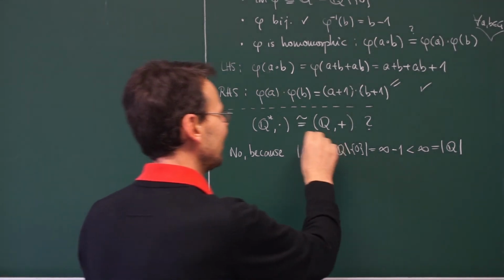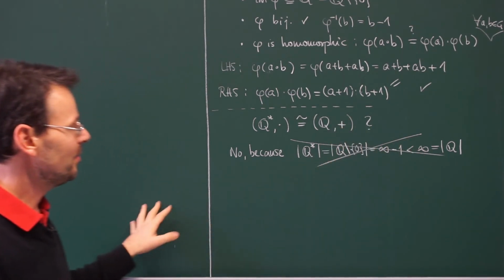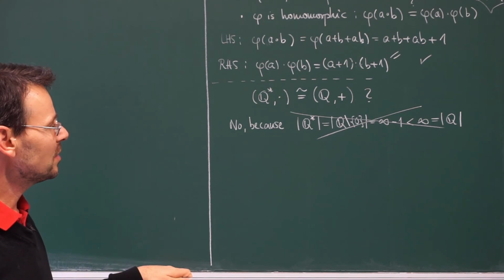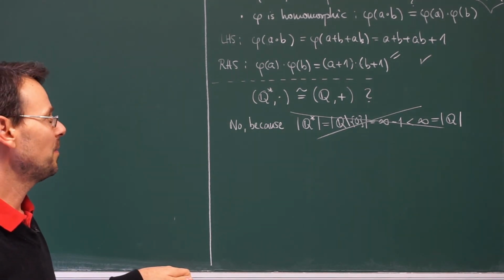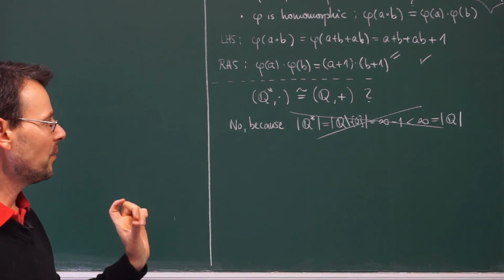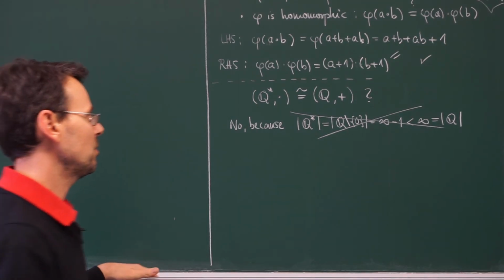This is clearly no valid argument here. So you have to think about this. It's not so easy at first glance. But then, if you remember exercise number 1, where we showed that certain properties get preserved in isomorphic groups.